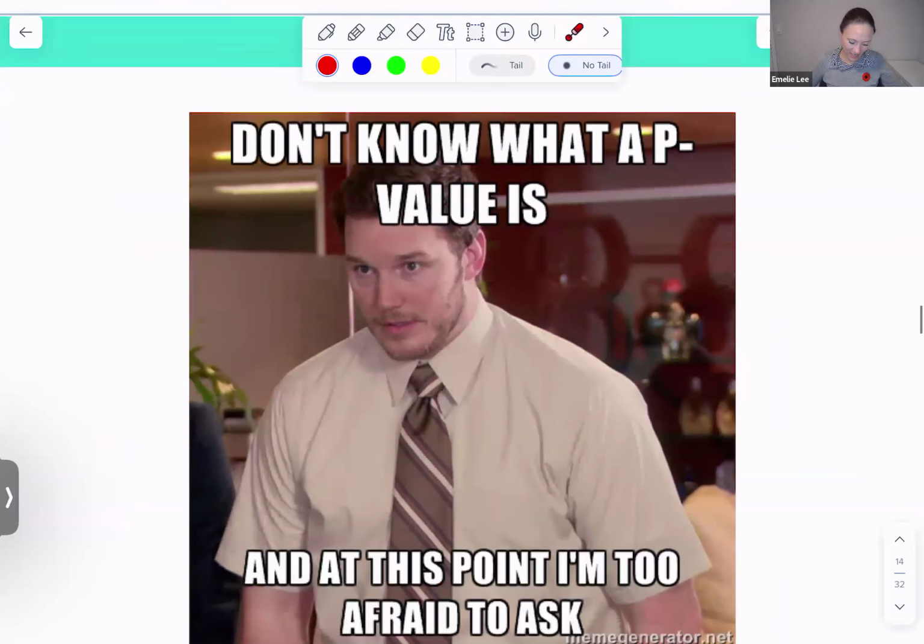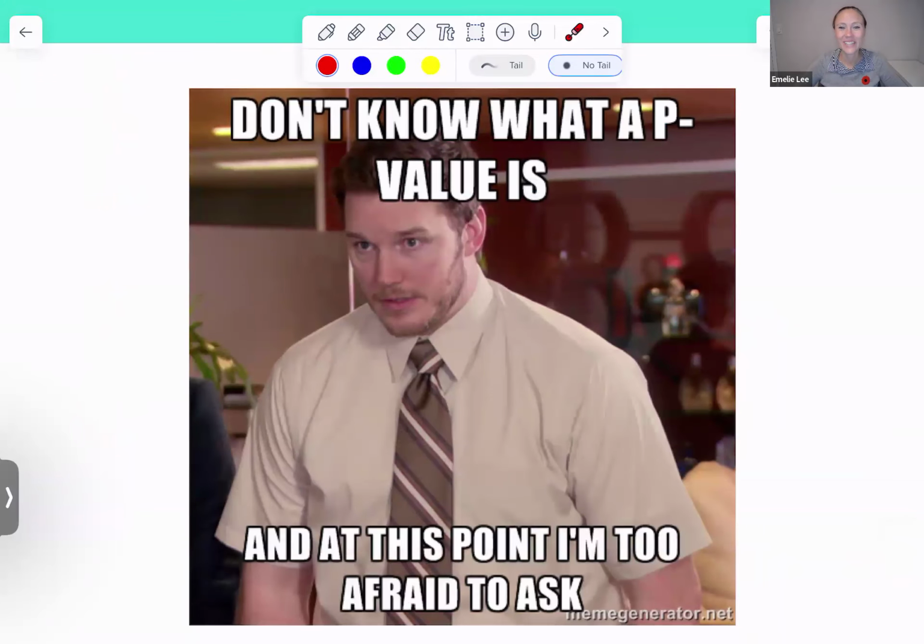This might be a good time to check in. If it feels like, these p-values, I know I should know what they are, but do I actually know what they are, it's okay. It's still okay if you feel like you don't know what this thing is, as long as you're going through the motions and you're able to work through finding the p-value.